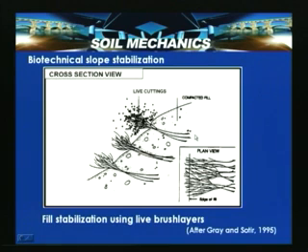Several laboratories are involved in investigating and developing techniques for biotechnical slope stabilization, and the detail is beyond the scope of our lectures. But this technique has an aesthetic look as well as a technical advantage, and it is also an environmentally friendly technique.